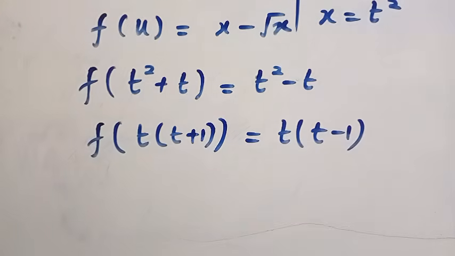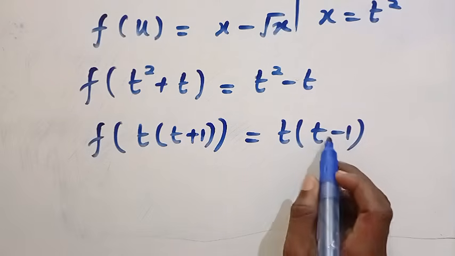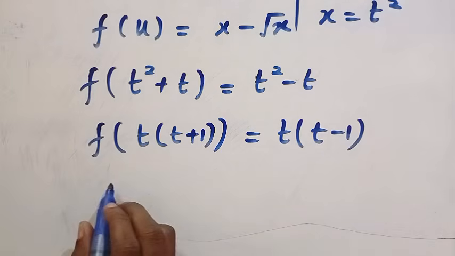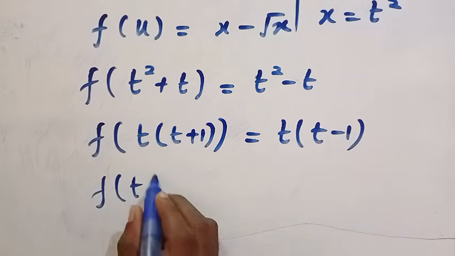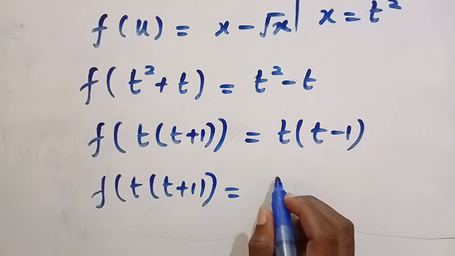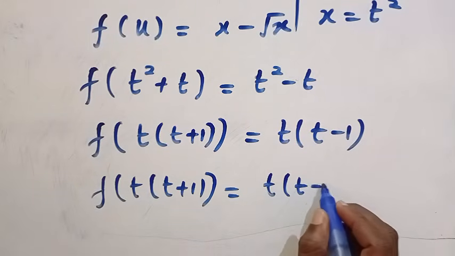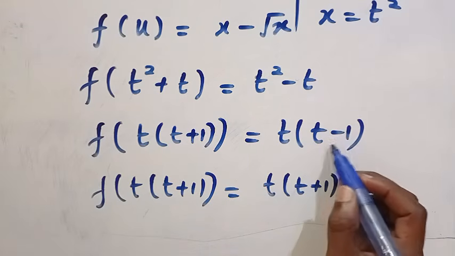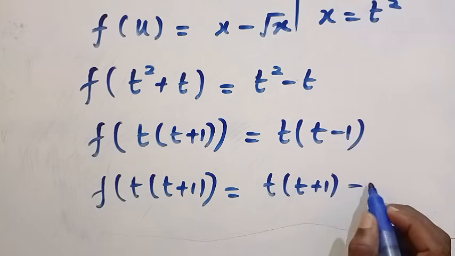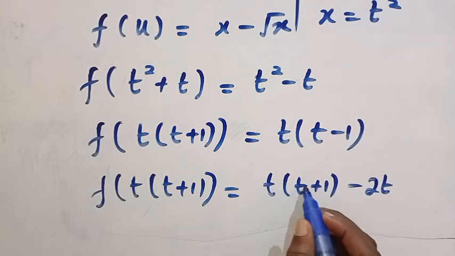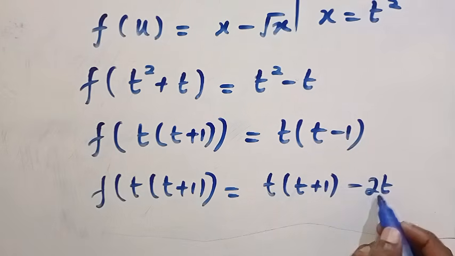Then if I want to express t into bracket t minus 1 in terms of t bracket t plus 1, we have f of t bracket t plus 1 equals t bracket t plus 1, which is what we need, minus 2t. Initially it was t minus 1, so we have to subtract 2t. Because opening this, we get t squared plus t, but t minus 2t gives us minus t.